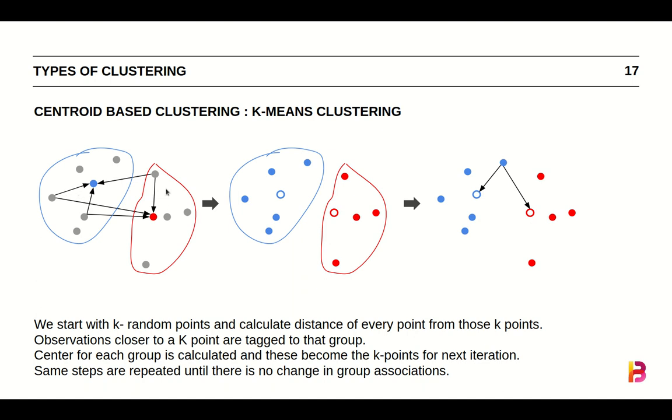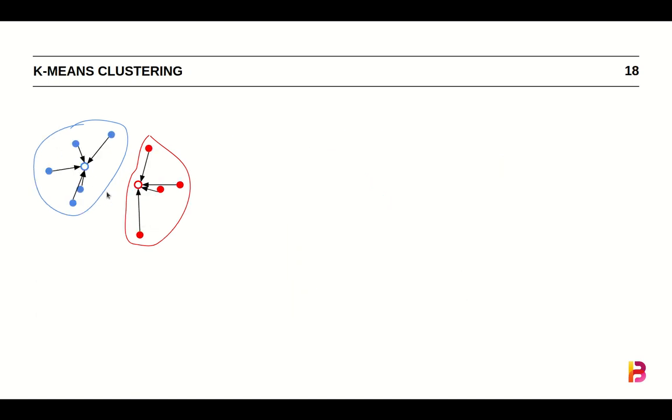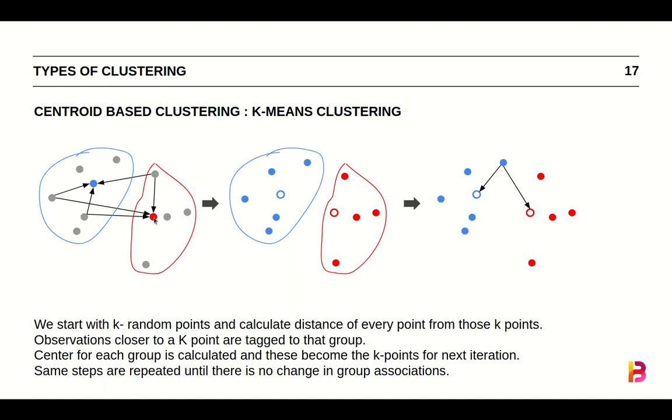Okay, so because we want 2 clusters, we start by throwing 2 centroids at a random place. So let's say randomly we initiate one centroid here and one centroid here. Randomly, this can be anywhere, both can be next to each other, both can be anywhere. So let's say there was one centroid here, the other centroid was here.